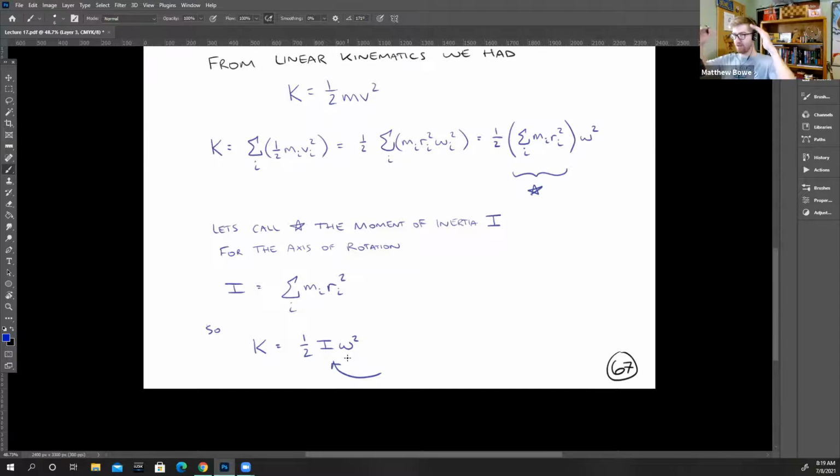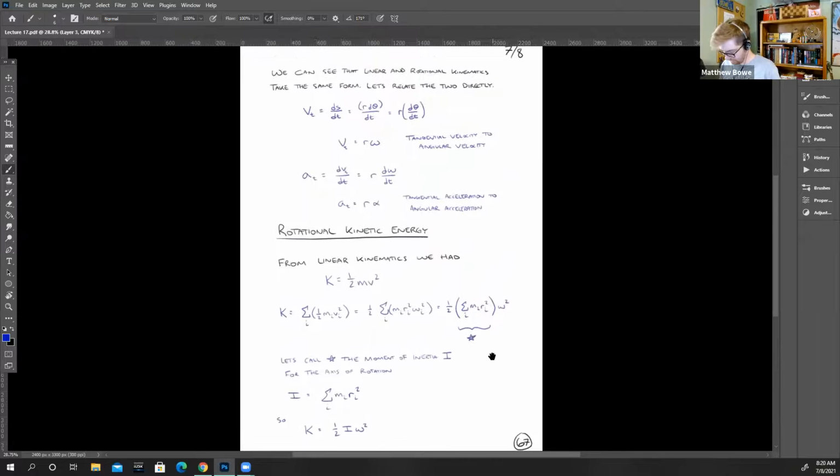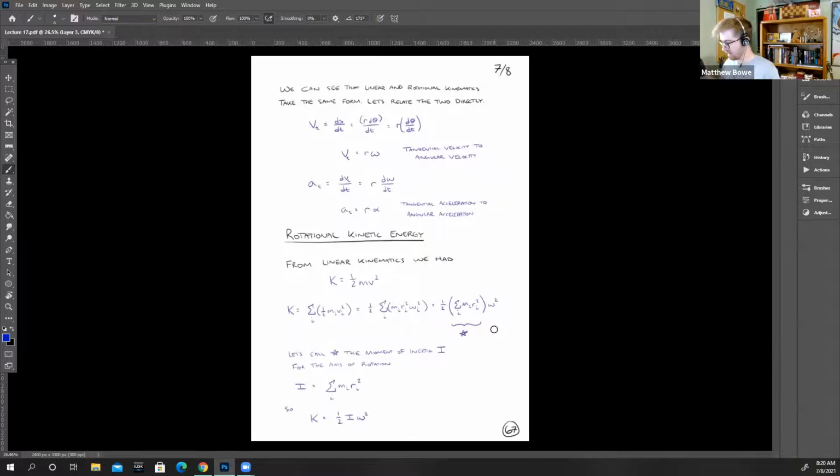Maybe we could make a list, and that way we don't have to do this calculation every time. We just say, oh, it's this arrangement, or it's this type of system. That's easy. Oh, I've already figured that out. I already have this value. You can just use the value instead of doing the calculation over again. So let's try to figure out how to find these moments of inertia.